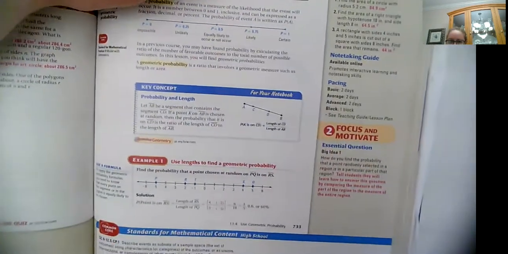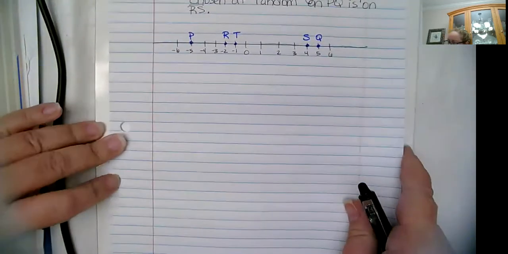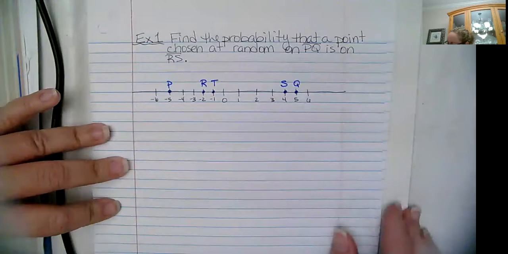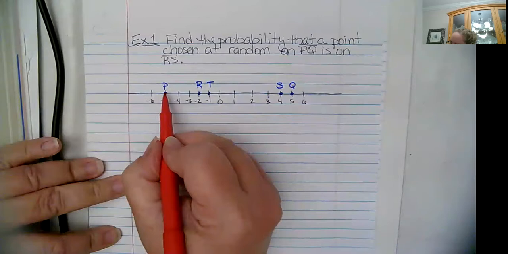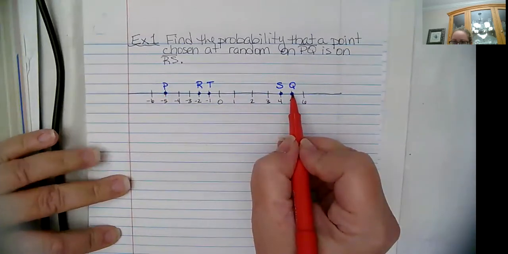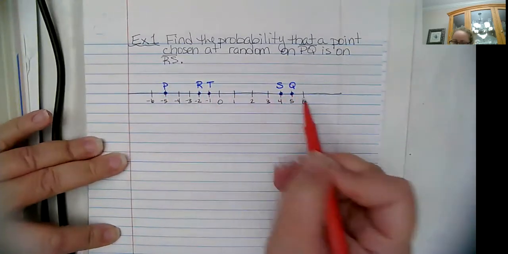So for example 1, which I have over here. It says find the probability that a point chosen at random on PQ, so from here to here, is on RS, from here to here.